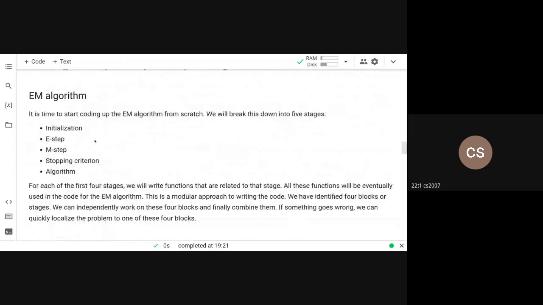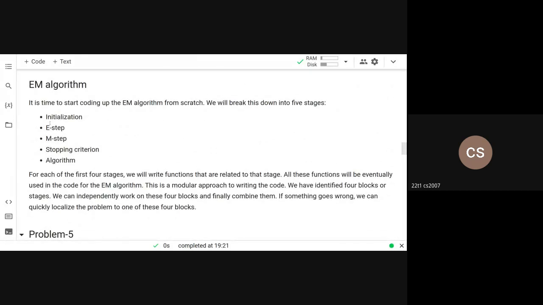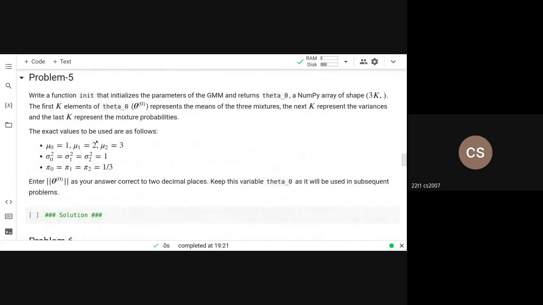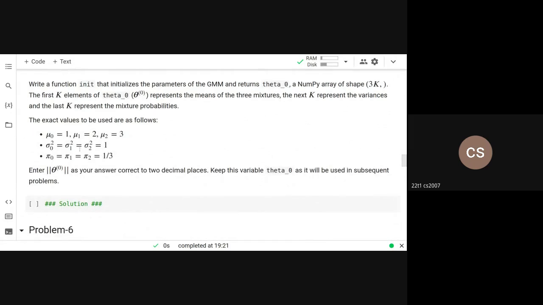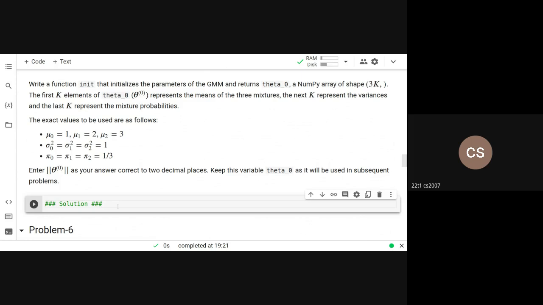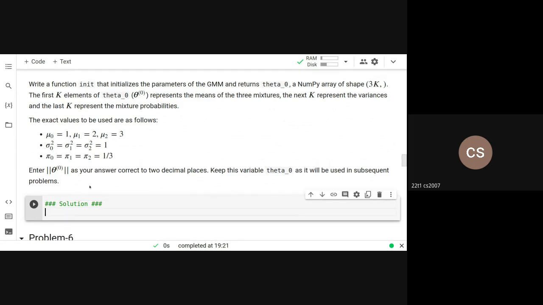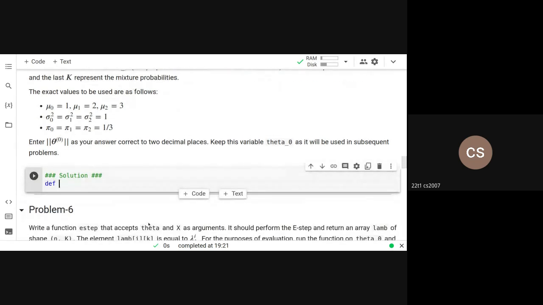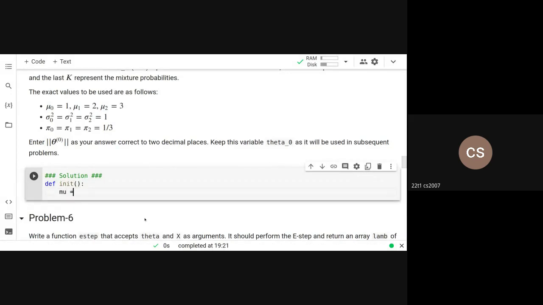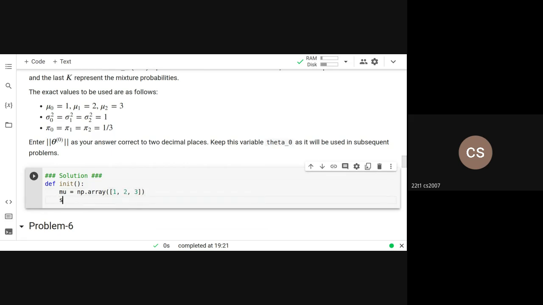Okay, so we are now breaking this down into these 5 steps. We begin with initialization. So here, rather than do the k-means, we'll initialize this simply. We'll just give these initial values. I'll write one function for it. I'll make the means 1, 2, 3 as given here.